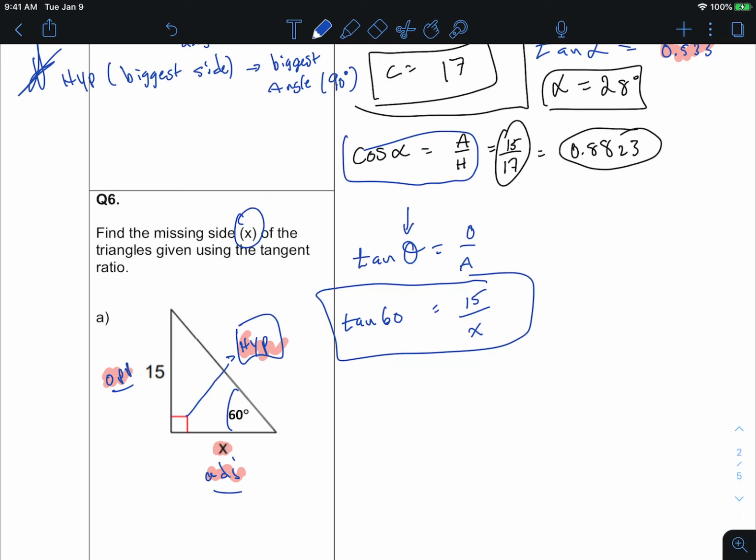But don't do that. What I want you to do is go find 60 degrees on your table. Read across to the tangent column. What's that? Good. So what's the number on your table? 1.7321.